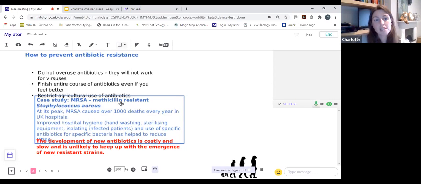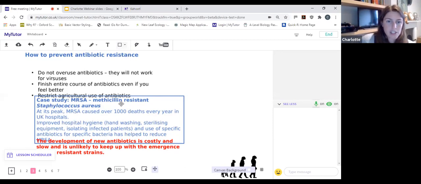But that's actually a mistake, because you can start to feel better while there's still a certain amount of the bacteria in your body. So it's much better to finish the entire course of the antibiotics, make sure you've got rid of almost the entire population of the bacteria, because then there's less opportunity for them to multiply and for that resistant mutation to occur.